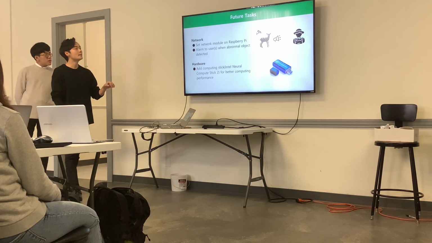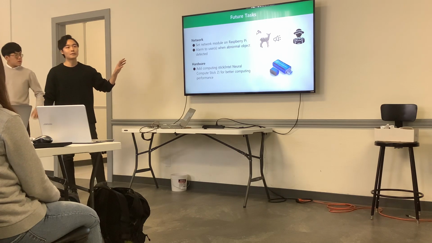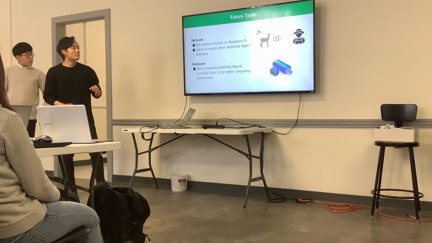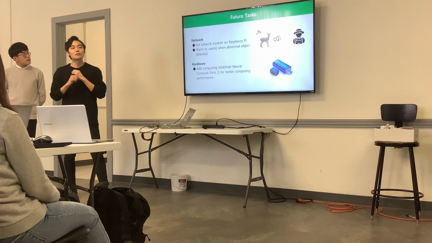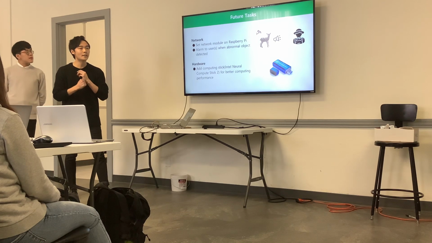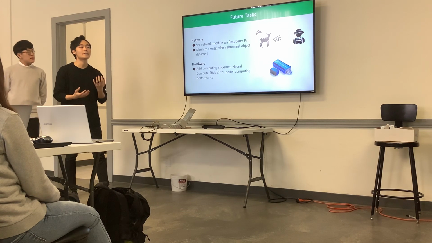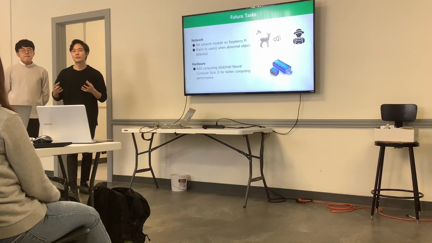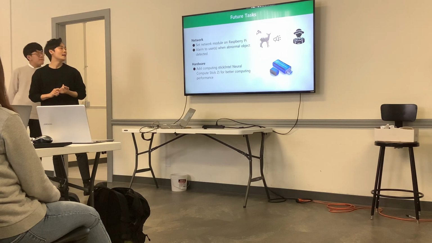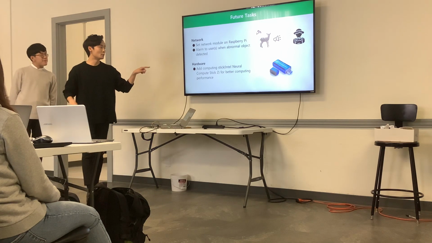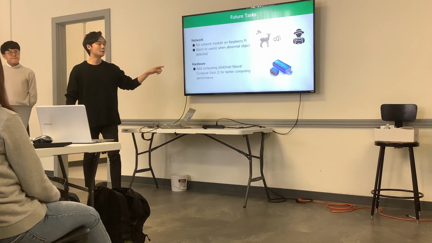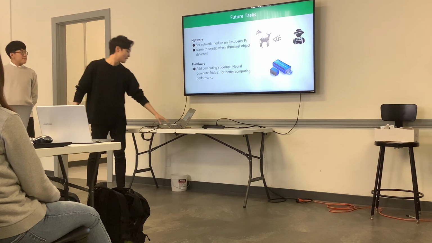And finally, these things are what we are going to do in the rest of time. If possible, we are going to build a wireless system so that we can notify the farmer of deer in the farm. And we will add more hardware components to improve our performance.